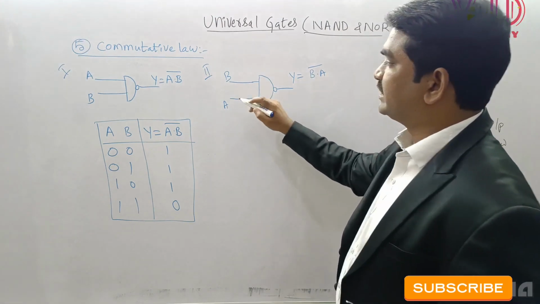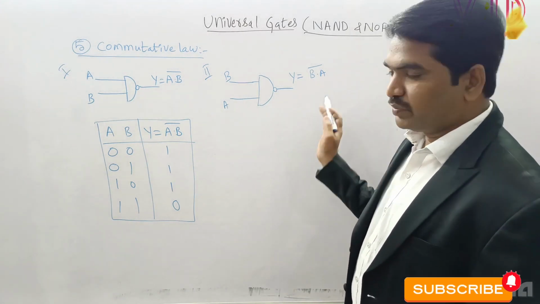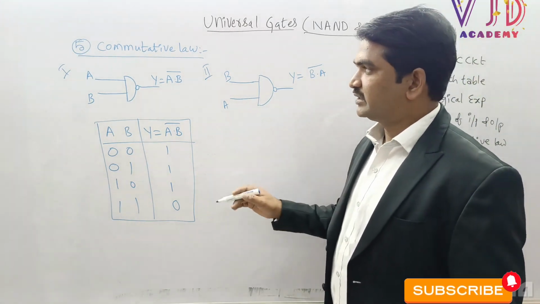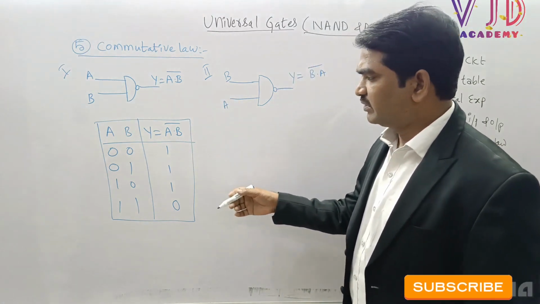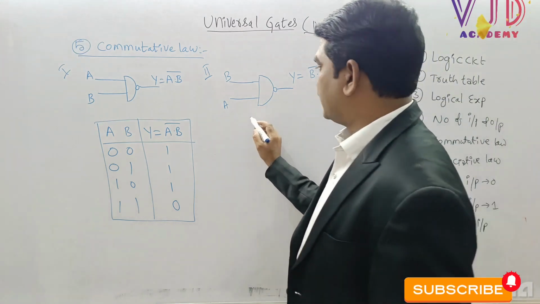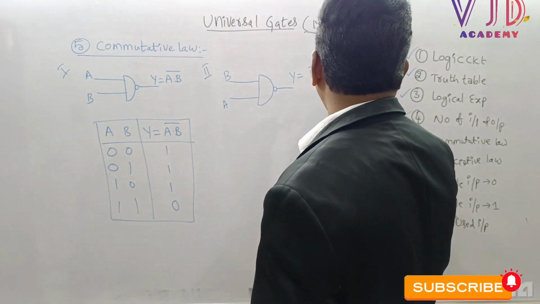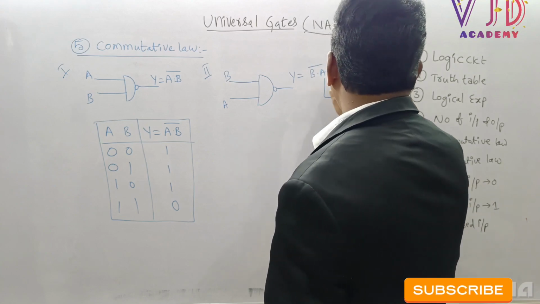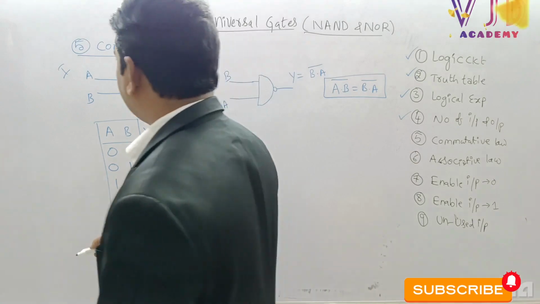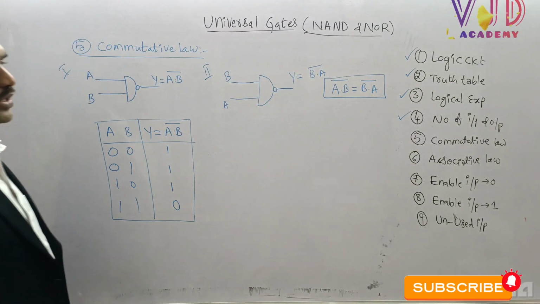If I interchange A to B and B to A and both the outputs are the same, we can say that the circuit is satisfying commutative law. So here A into B whole bar equals B into A whole bar. Based upon the truth table, this condition is satisfied, so the NAND logic gate is satisfying commutative law.